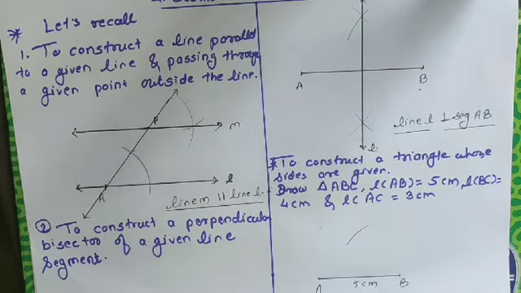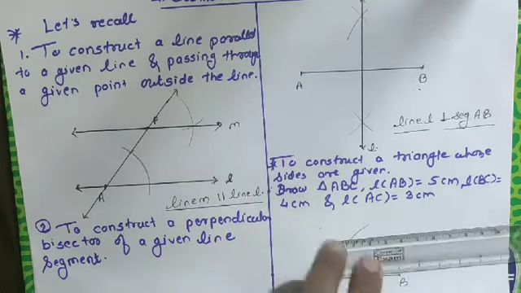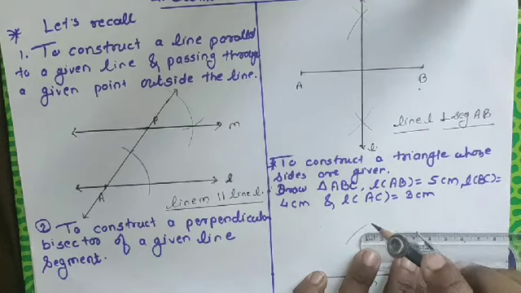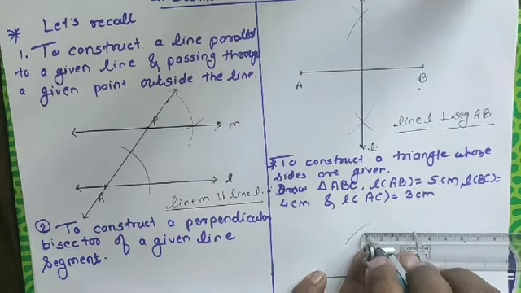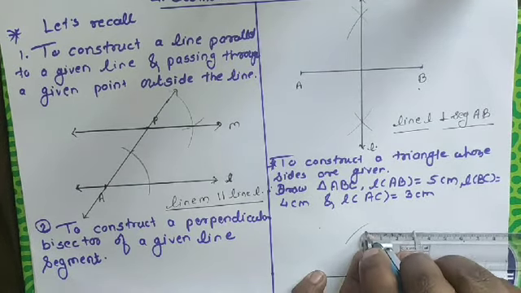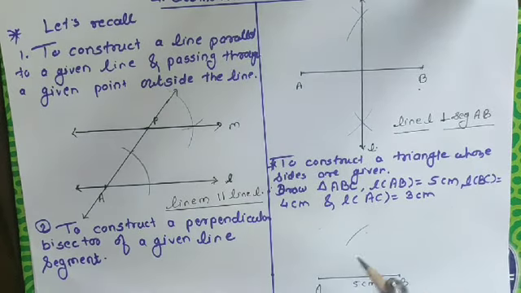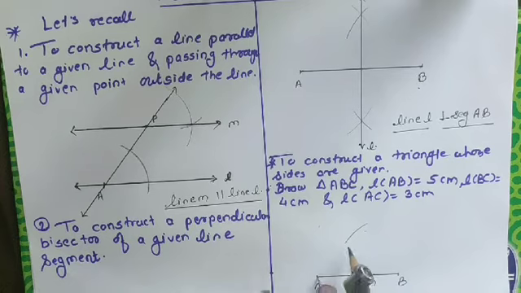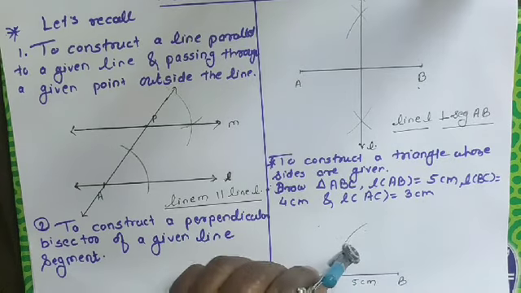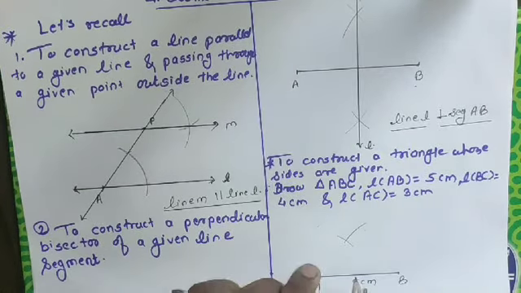Now I have to take 3 centimeter distance in my compass. I will change the distance, and here it is 3 centimeter. Now taking A as a center, I will draw an arc which intersects the first arc.